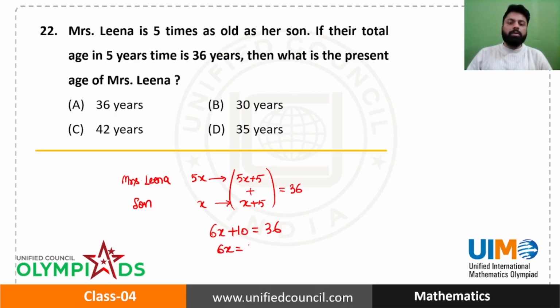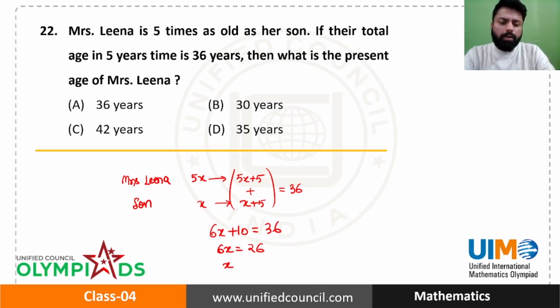6X is equal to 26. If their total age in 5 years' time is 36 years, then what is the present age of Mrs. Leena?